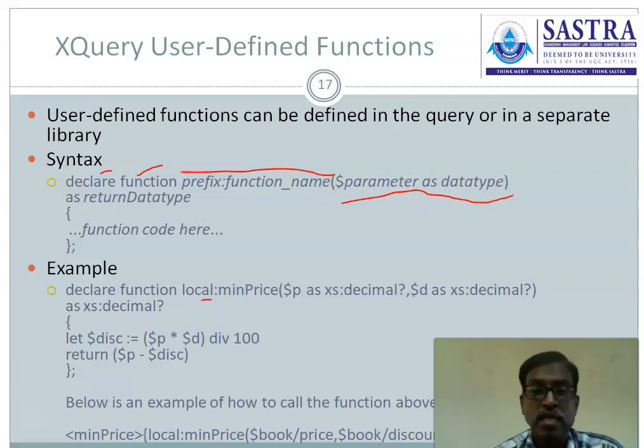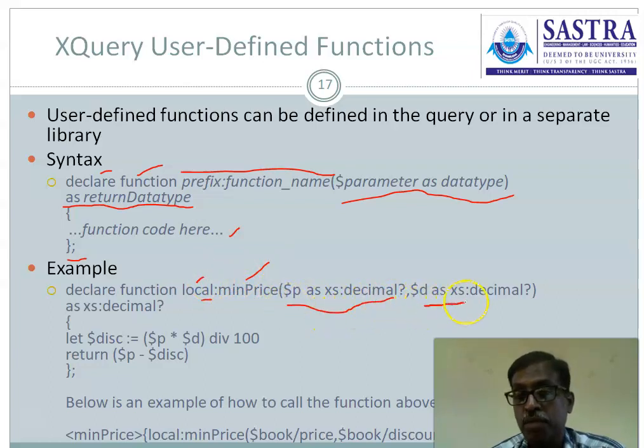As in other languages, you can include any number of parameters with data types separated by commas, and then the function opens braces. And after giving the parameters, we need to give the return type, and then the function code here, and put a semicolon, open braces, close braces, and closing braces, put a semicolon. In the example, declare function keyword, min price is the function name, prefix is local colon, and then first parameter and second parameter.